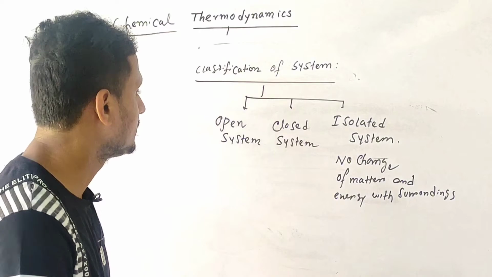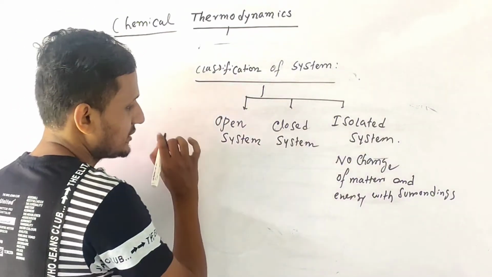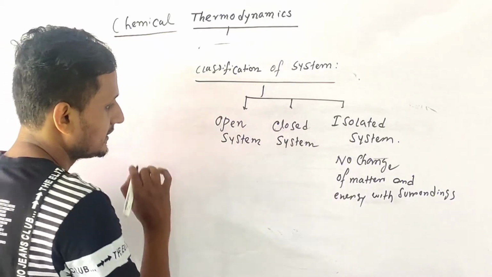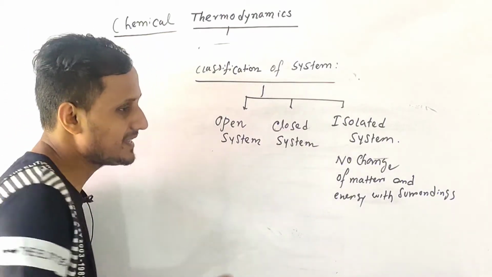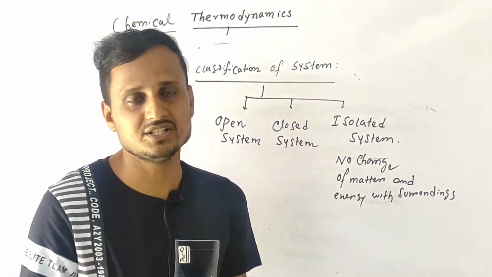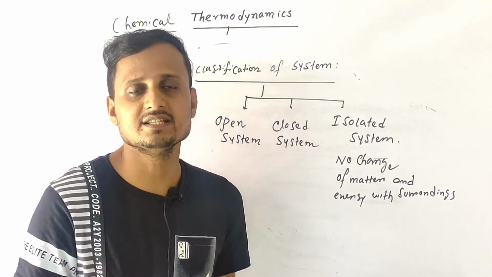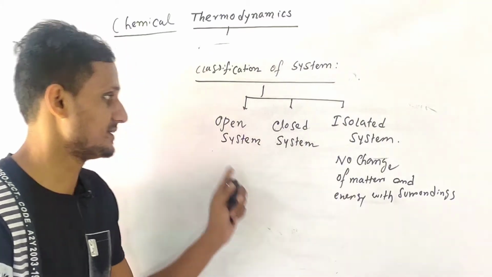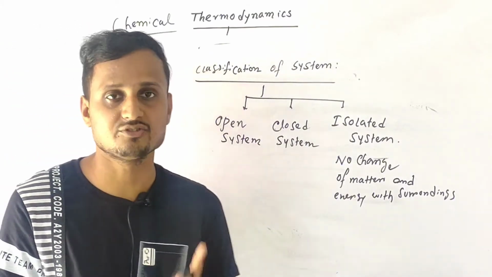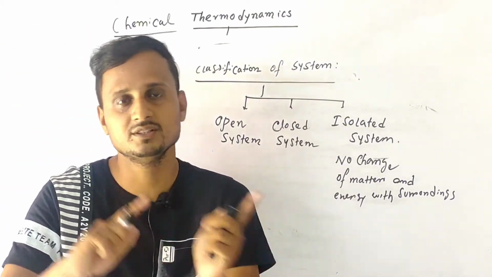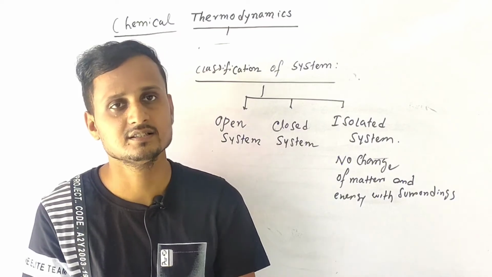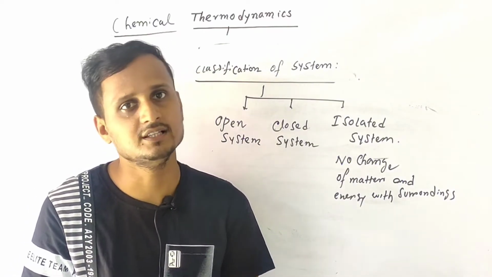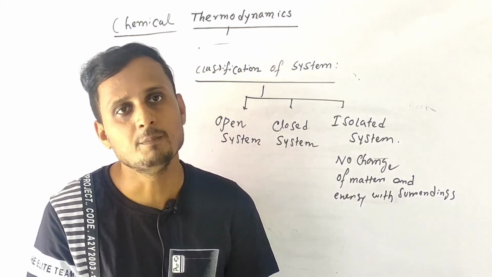Okay, now first of all, let me tell you the open system. The system can easily transfer its energy and matter with the surroundings. That is the open system. Very simple, the system can transfer its energy and matter with the surroundings. That is clearly an open system. A cup of hot tea, that is also an open system.